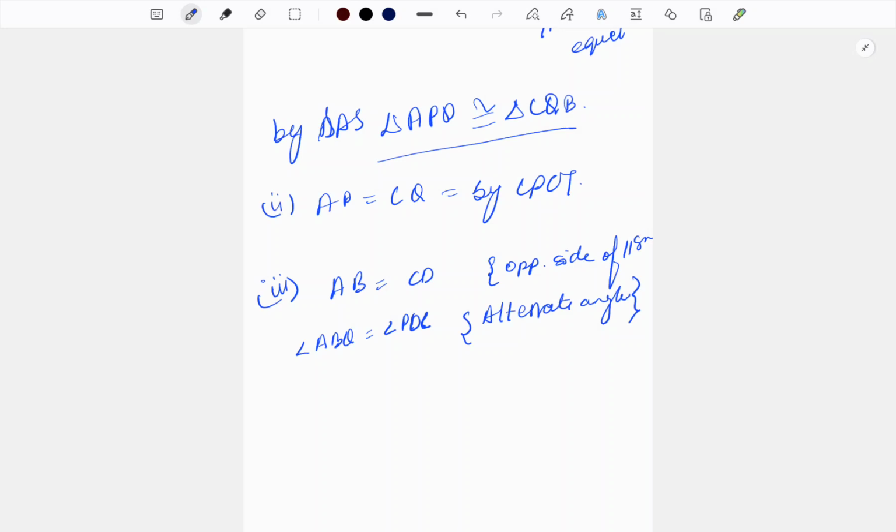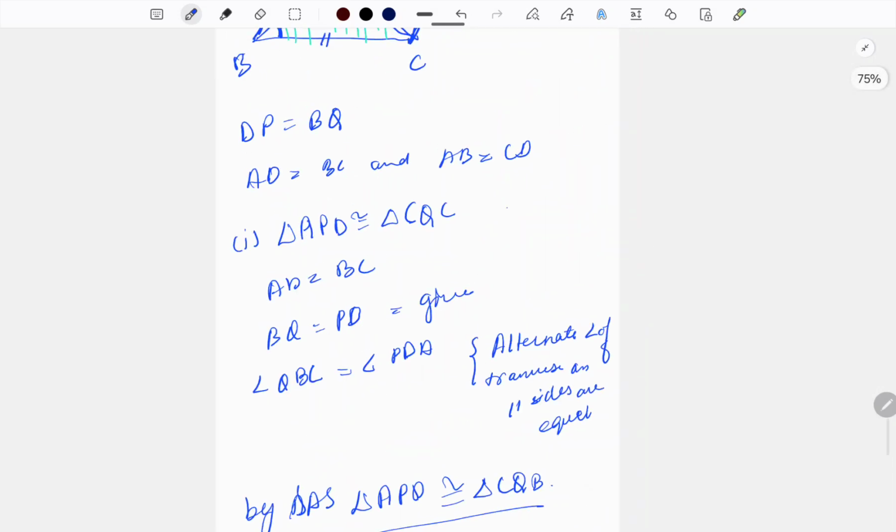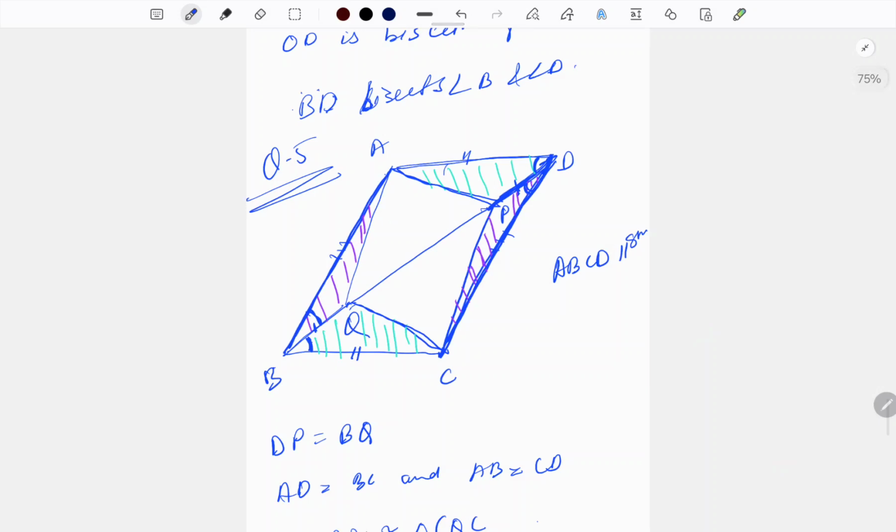Now the third part goes on as BQ is equal to PD, and therefore triangle AQB is congruent to triangle CPD by SAS, hence proved. So let us go to the fourth one. AQ is equal to CP. Now it is asking whether this will be equal to this or not?